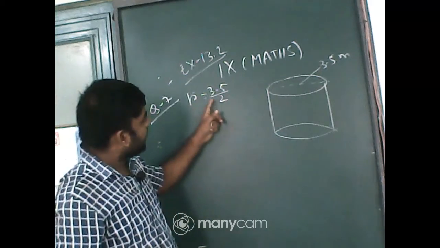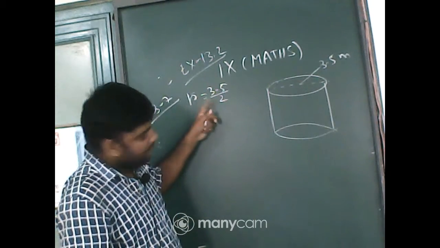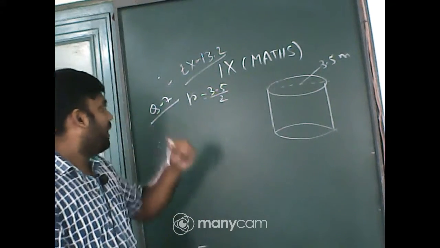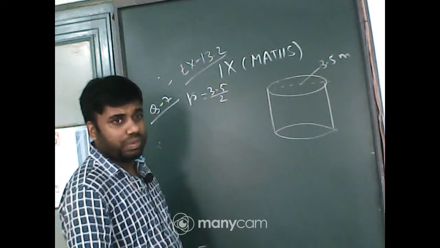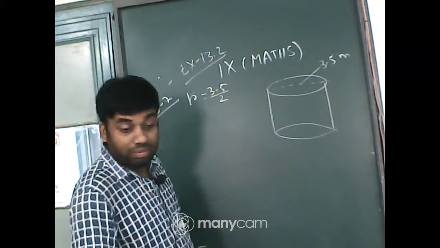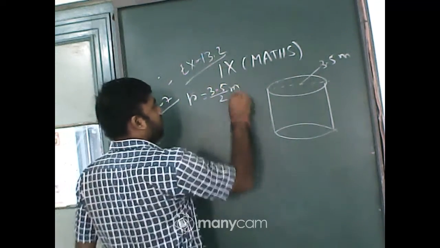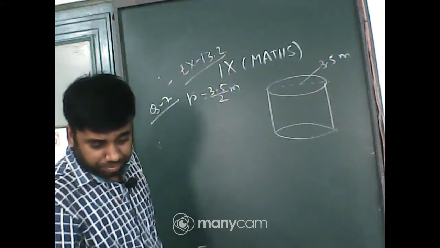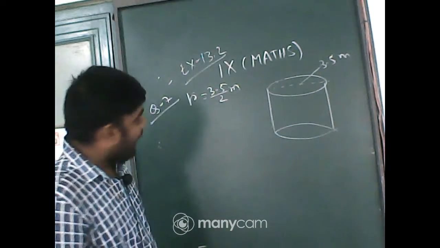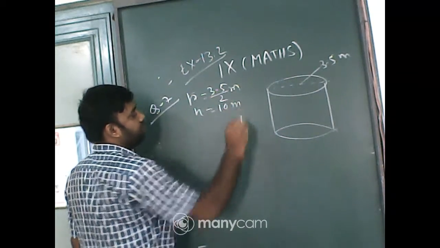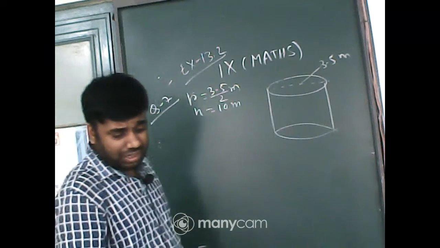Keep it in the same form, that is 3.5 by 2, because if I divide here, it will create some problem later. Just 3.5 by 2 meter. Next, height is 10 meter.